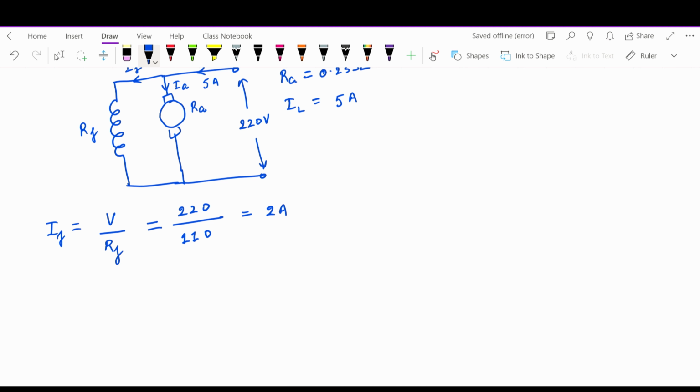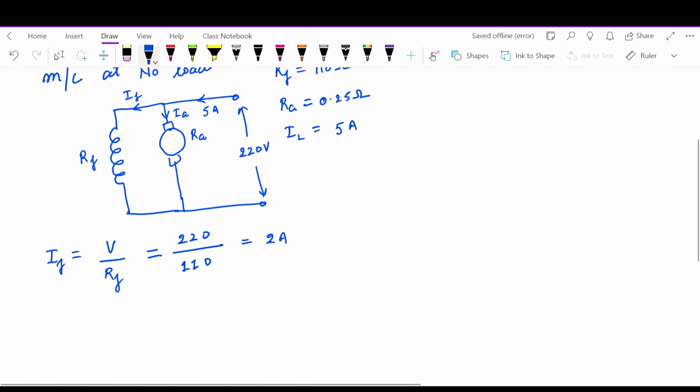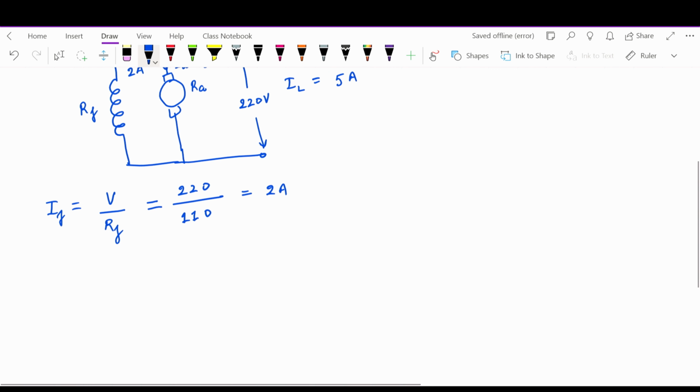Now if this is 2 amperes, this would mean that armature is drawing 3 amperes, that is nothing but 5 minus 2. So IA we have now. It's a simple thing.